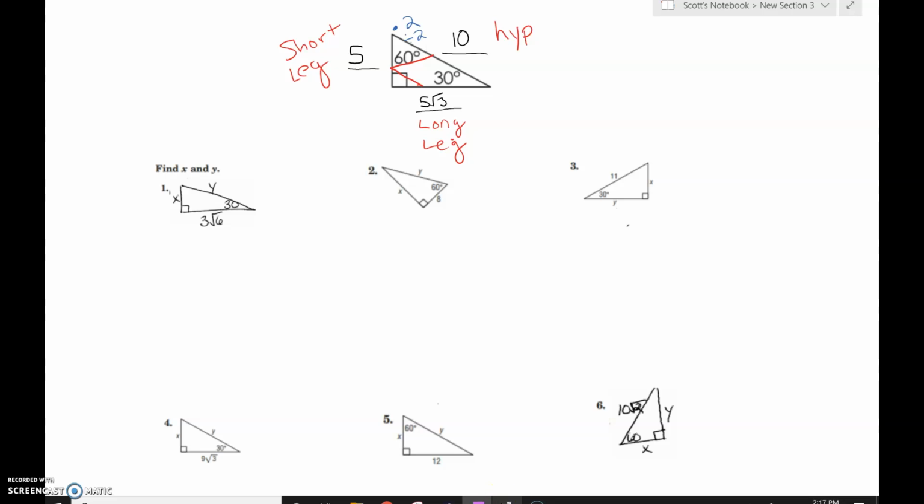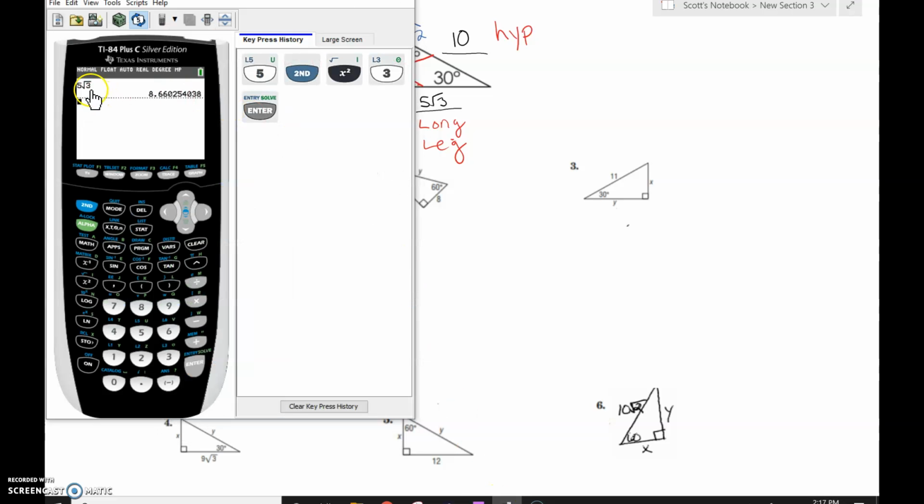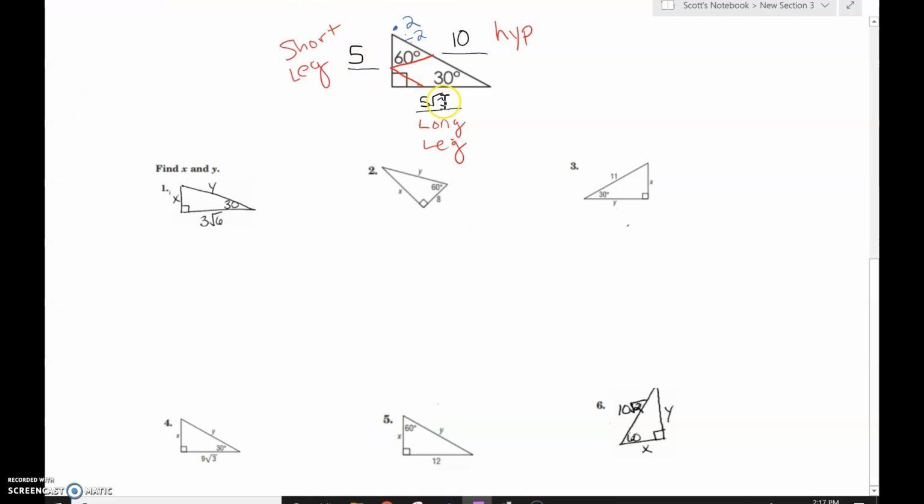Down here, 5 to the 5 square root of 3. If I put 5 square root of 3 in my calculator, I get 8.66 or 8.67. That's a bigger number than 5. So to get bigger, I'm going to have to multiply 5 times the square root of 3.